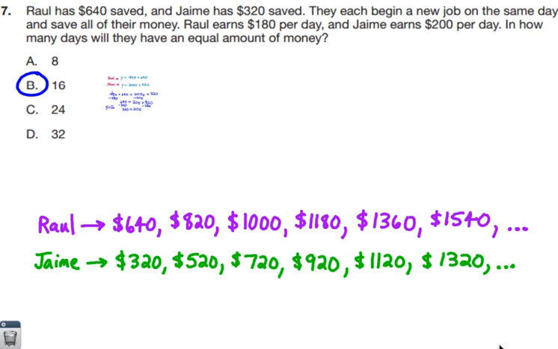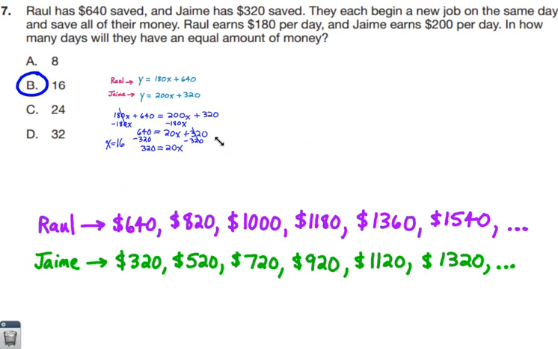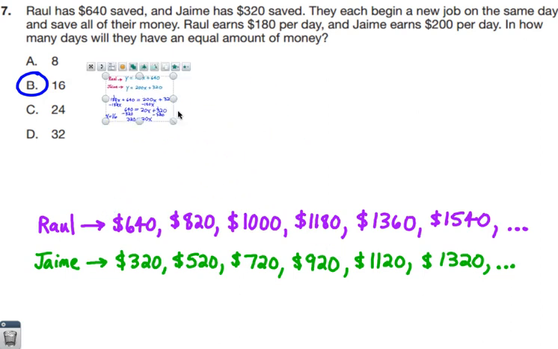Now, it's a pretty good strategy, but the final answer ended up being 16 days.